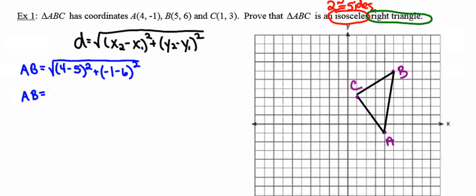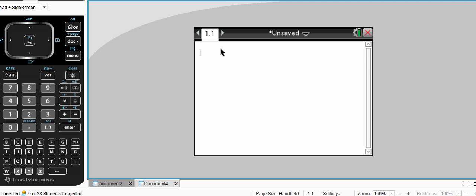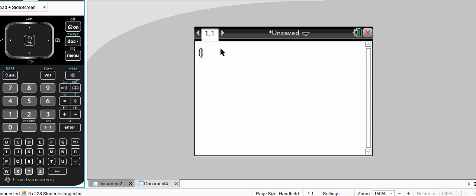And this is where you'll want to go grab your calculator and punch the numbers in at home as I'm punching them in here on my calculator, so that you can get the practice that you need to be successful with distance formula.